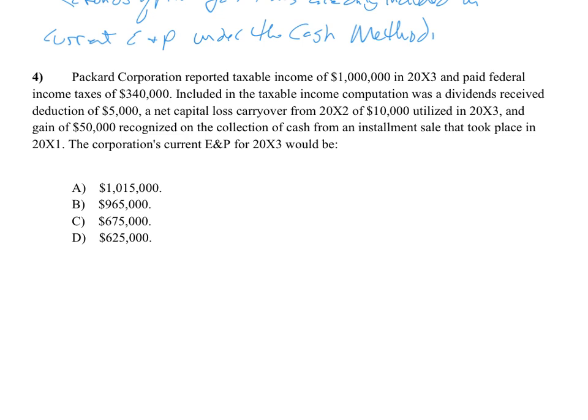Included in the taxable income computation was a dividends received deduction of $5,000, a net capital loss carryover from year 2 of $10,000, and that was utilized in year 3, and a gain of $50,000 recognized on the collection of cash from an installment sale that took place in year 1. The corporation's current earnings and profits for year 3 would be, and so let's pause now.